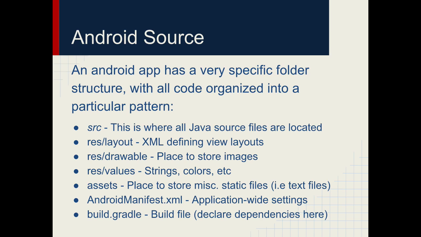Then there's a third directory called assets, which is for miscellaneous files such as text and maybe even sound files. Can any of you tell me why Android might separate the resource files from the assets files?